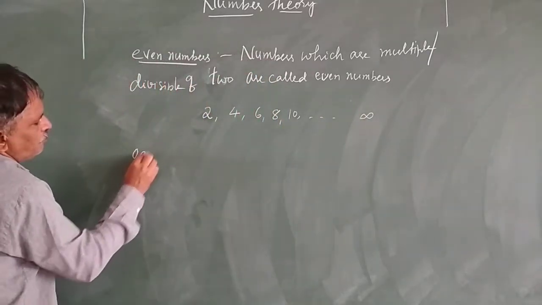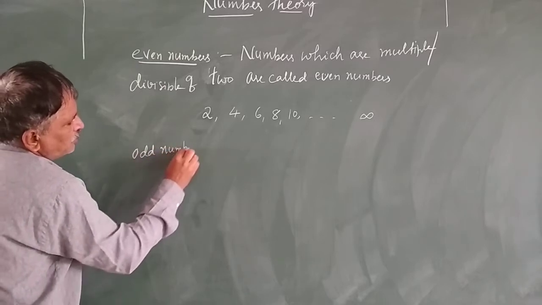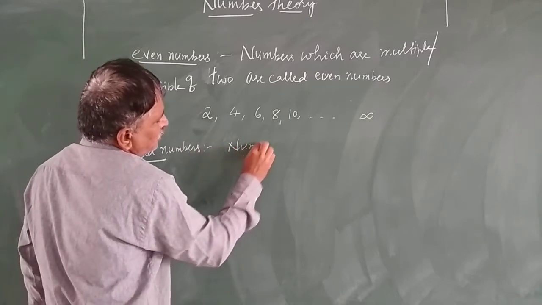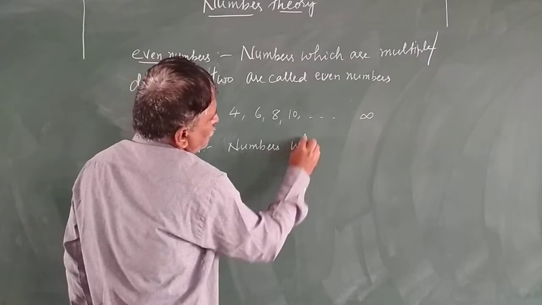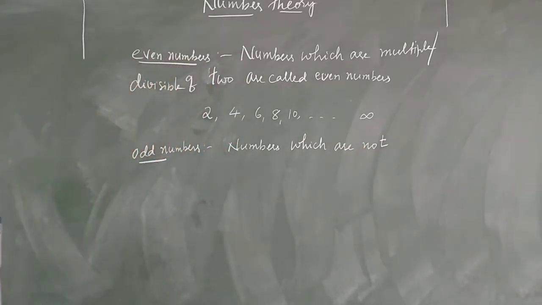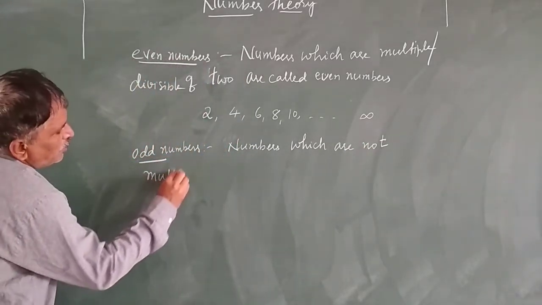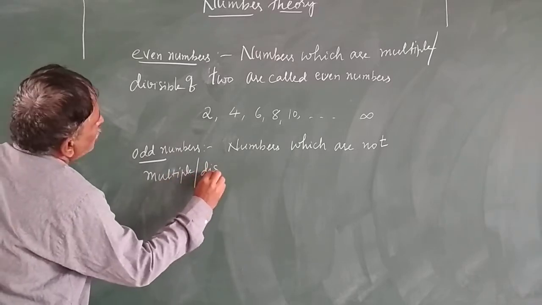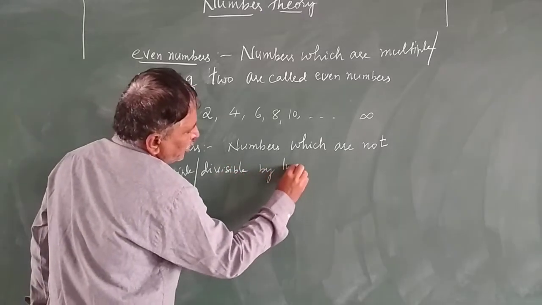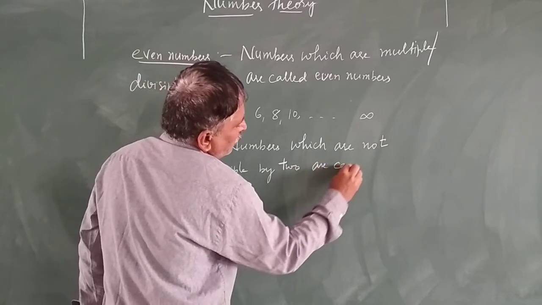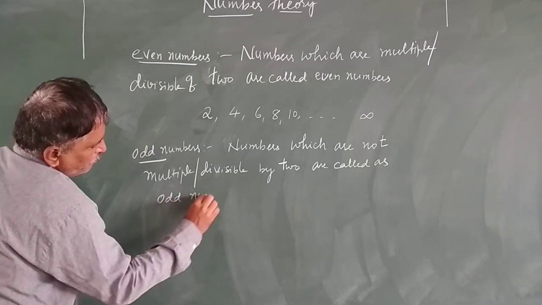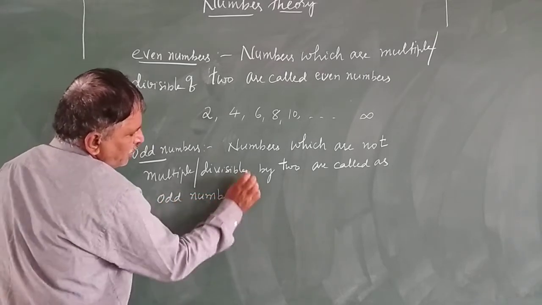Next, odd numbers. Those numbers which are not multiples of 2, or which are not divisible by 2, are called odd numbers.